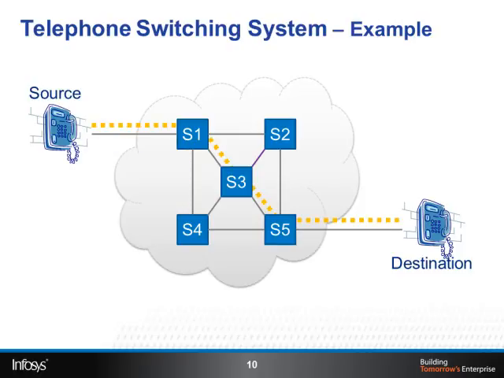Based on the chosen algorithm and availability, an appropriate path is selected. Here, the path from S1 to S3 and then S3 to S5 is selected, and data flows through this established path until the call ends.